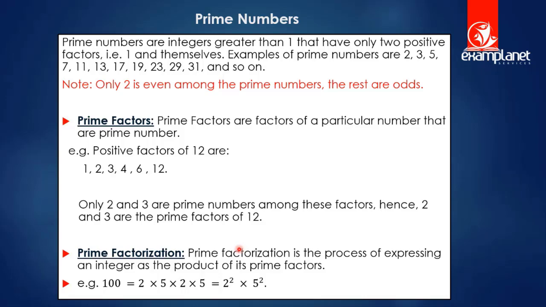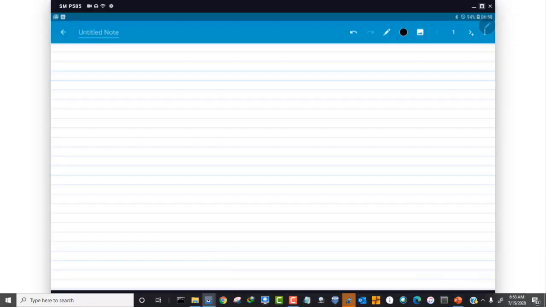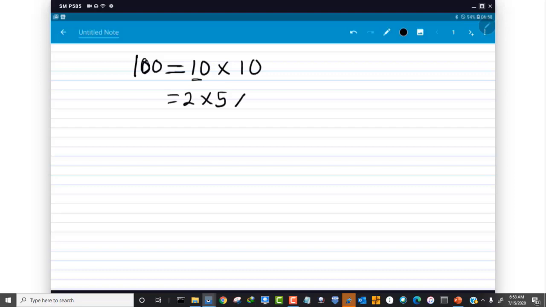For instance, using the same 100, if we want to express 100 in prime factorization, you can just go by breaking the number down to its factors. 100 is 10 times 10, and 10 can be written as 2 times 5, and then times another 10, which is 2 times 5.